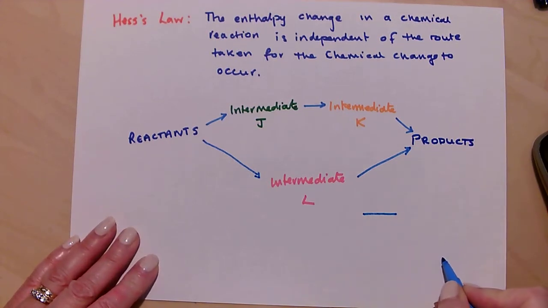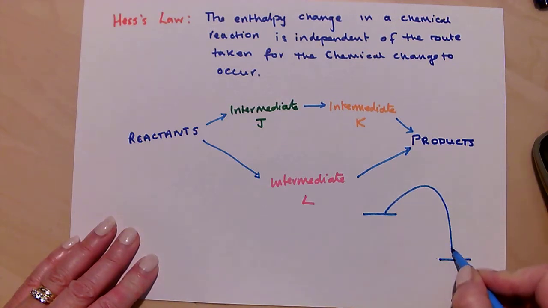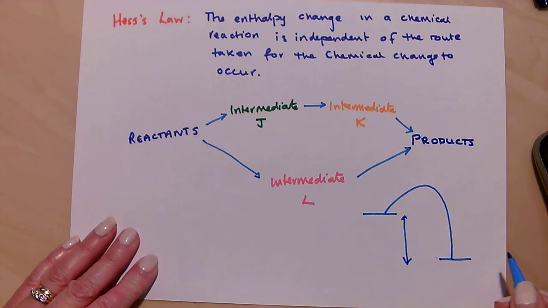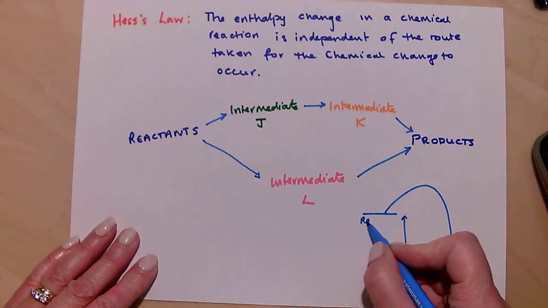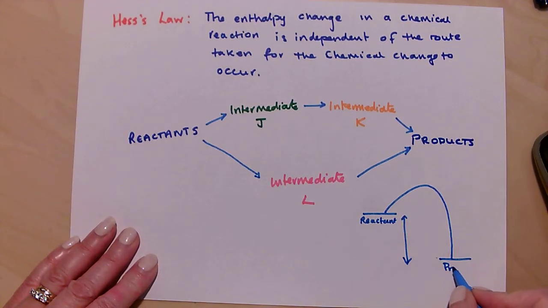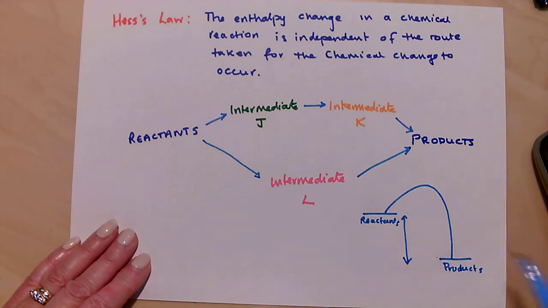So if we look at the enthalpy change, regardless of the route it takes, this difference here, and I'm showing an exothermic reaction, these reactants will make these products, and the overall energy will be constant regardless of what that intermediate is that it's had to get there.